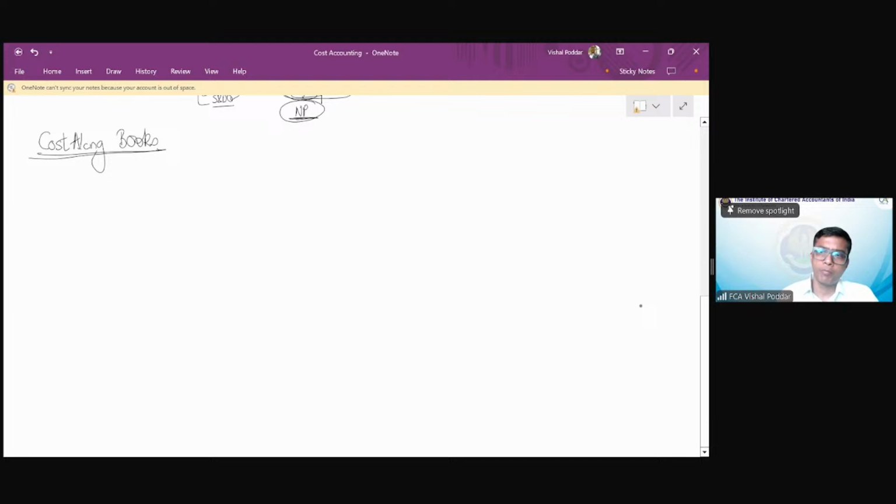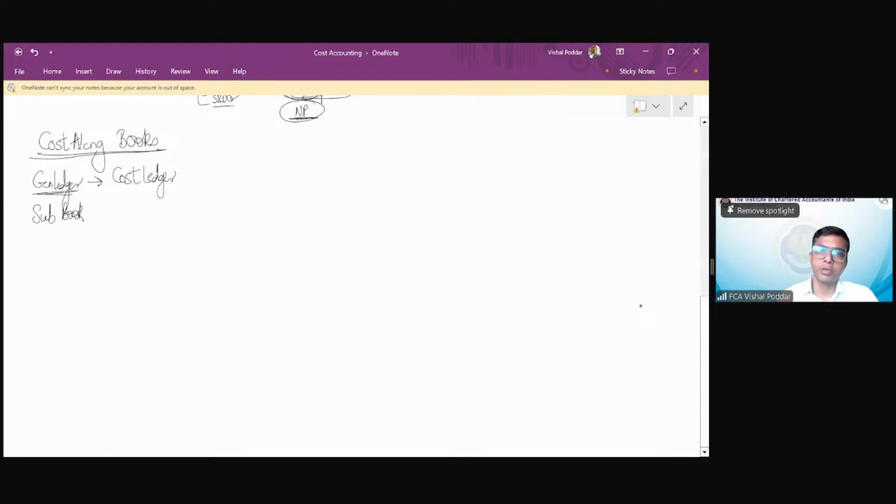Now, when you studied financial accounting in standard 11, you studied that broadly you have two types of books. One is your general ledger, and then you had these subsidiary books in the form of purchase register, bills receivable, bills payable register, the sales register, the journal proper, etc. Similarly, in cost accounting, the general ledger which we prepare is called the cost ledger.